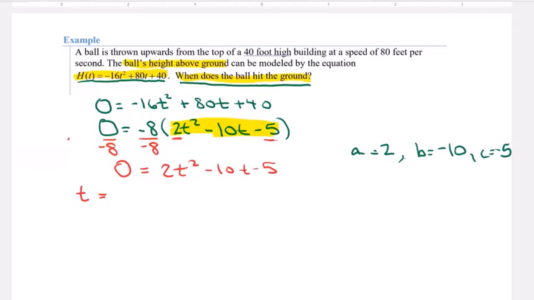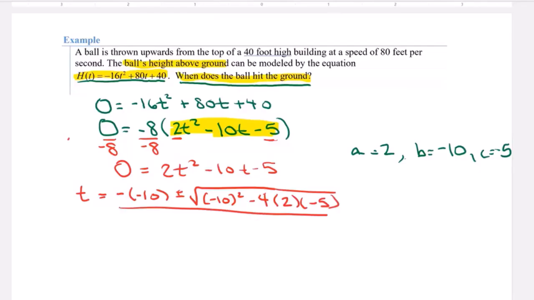So I have negative b plus or minus the square root of b squared minus 4 times a times c divided by 2 times a.